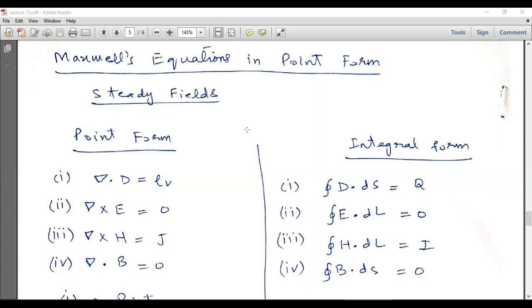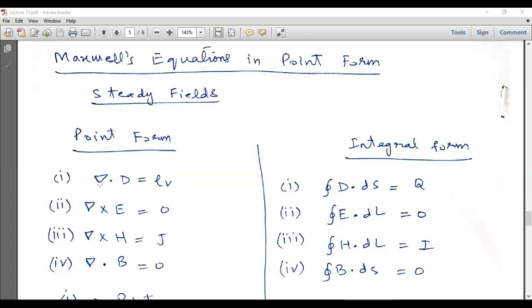So Maxwell's equations for steady fields, or the fields which are not time varying, are written in front of you. There are two forms of Maxwell's equations. First form is called point form, second form is called integral form.